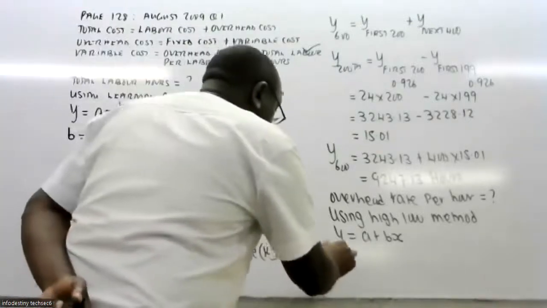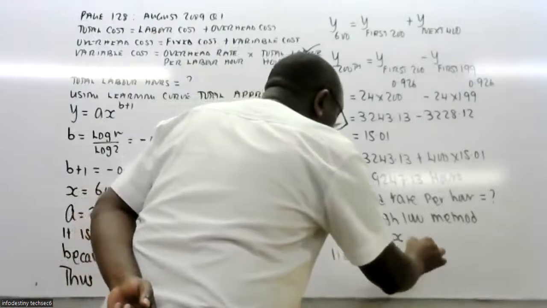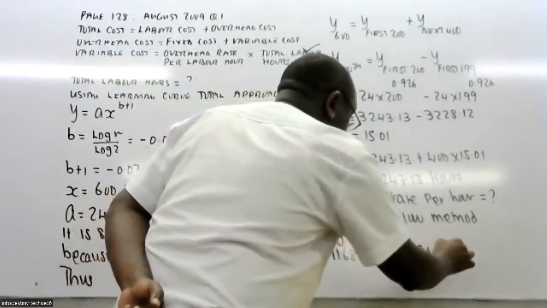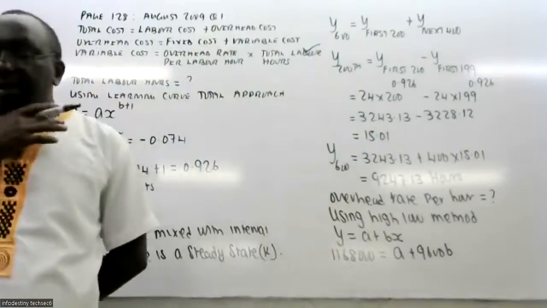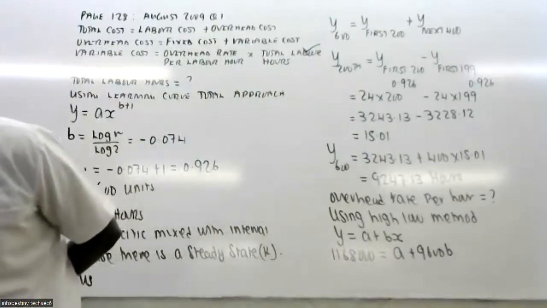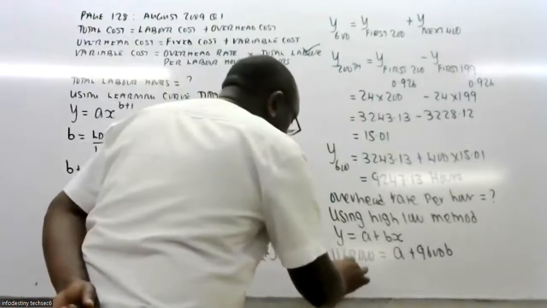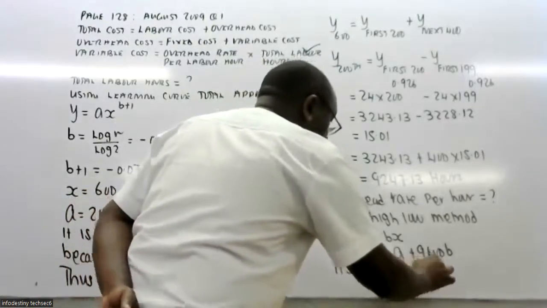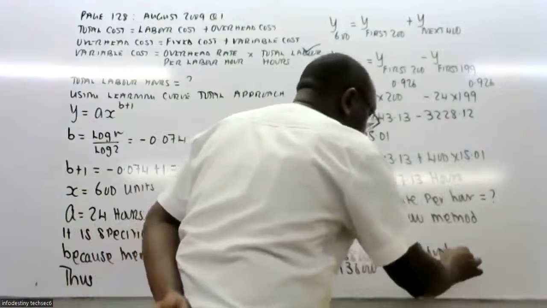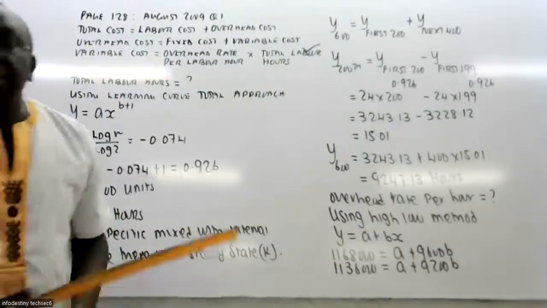So you say 1168,000 is equal to a plus 9600 b. And then the lowest is 92, which has 1136. So 1136,000 is equal to a plus 9200 b.